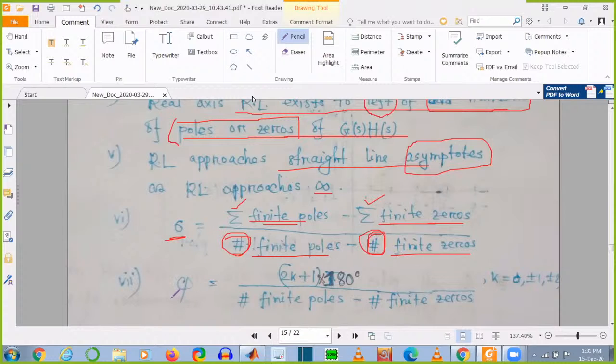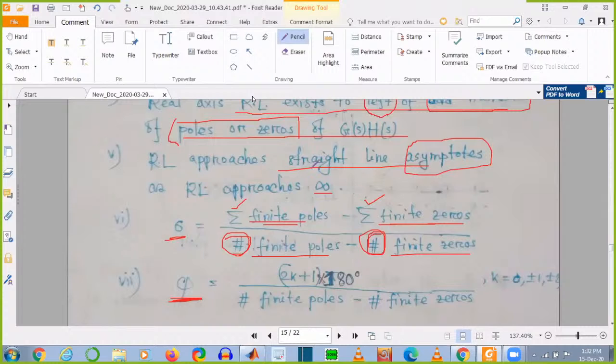And we also have phi. Phi is the angle. Angle equals (2k plus 1) times 180 degrees. How do we determine the angle? This is the angle between the axis and the asymptotes.